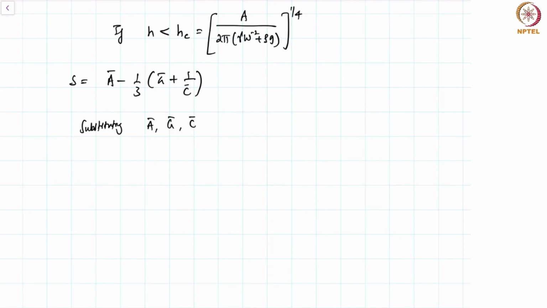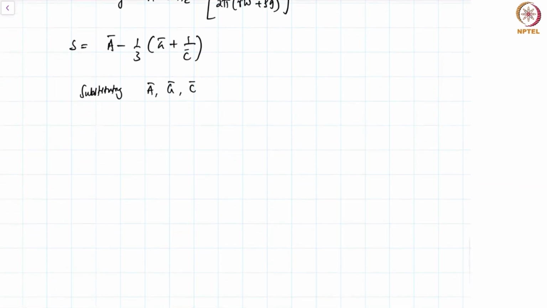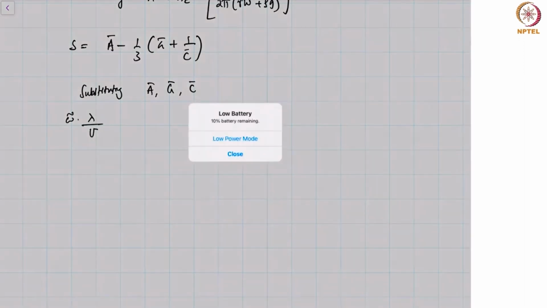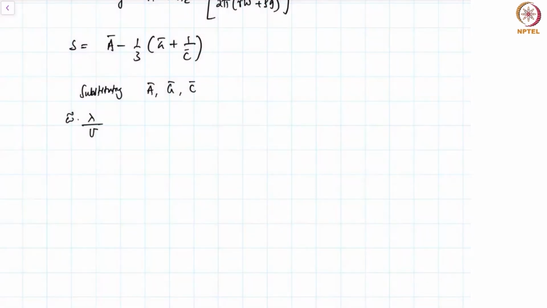The expression for the growth rate essentially becomes S essentially becomes omega tilde lambda by u naught. That's the dimensional growth rate omega.